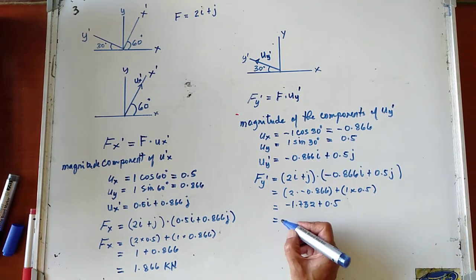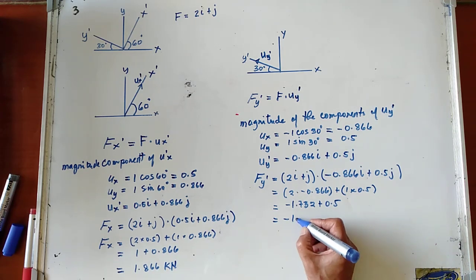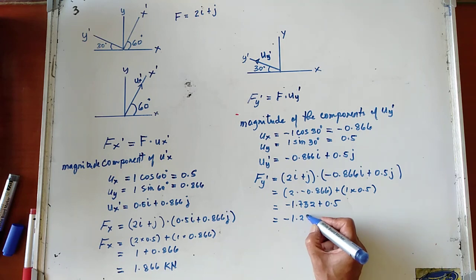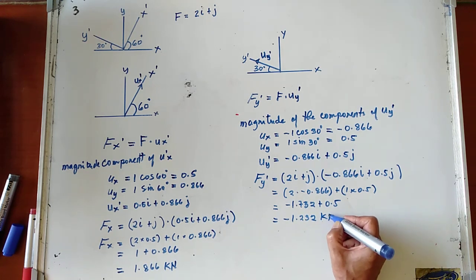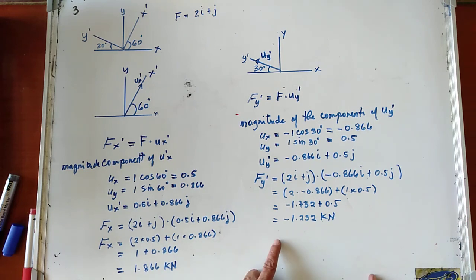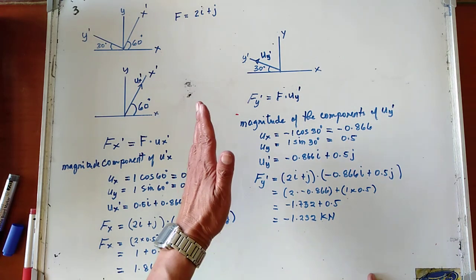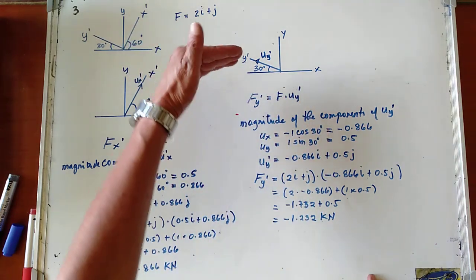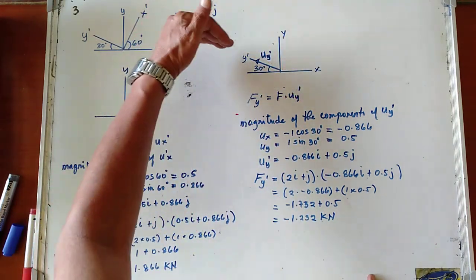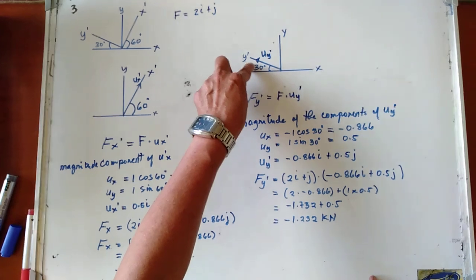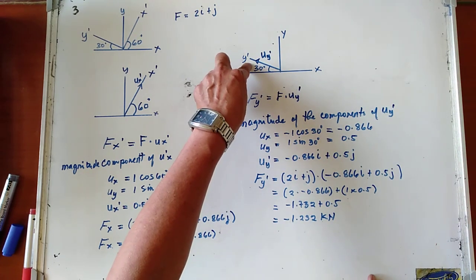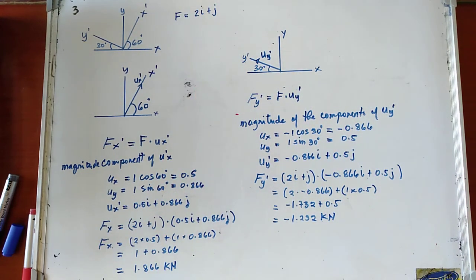And this is therefore equal to negative 1.232 kilonewtons. Again, the negative sign here indicates that the component of this vector in the direction of y prime is in the opposite sense of this unit vector y prime.